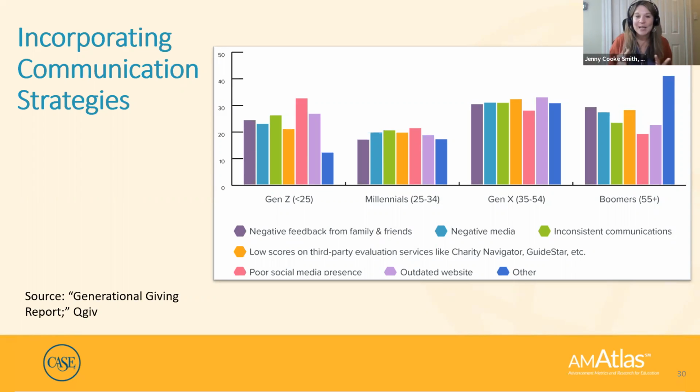We saw some of the same outcomes for all of the generations that we're noticing here. And some of these things we can control, some of the things we can't. But a couple of the things that pop out to me are outdated website, inconsistent communications. Those are absolutely things within our control. Poor social media presence as well.